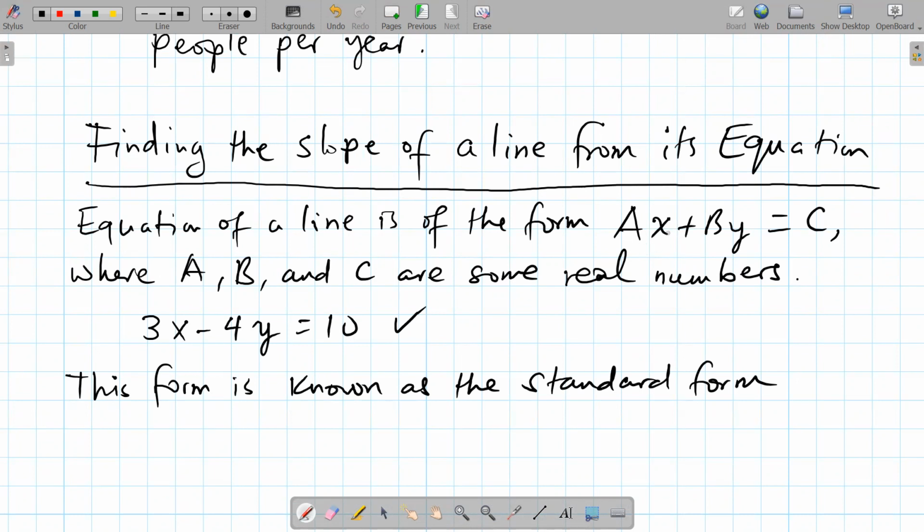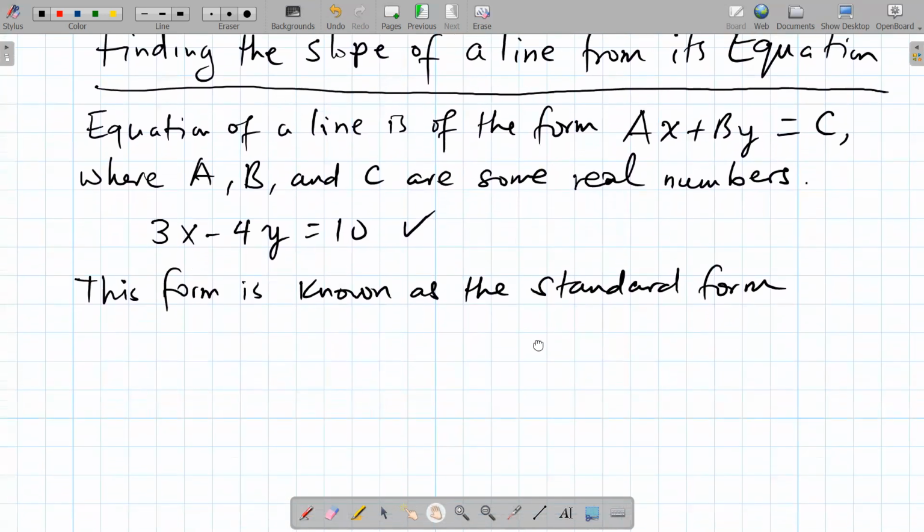Like in this case, we have ax plus by. You see the x and the y on the left side of the equation. Once we have both variables on one side, either the left or the right, then we have what we call a standard form of the equation of a line.